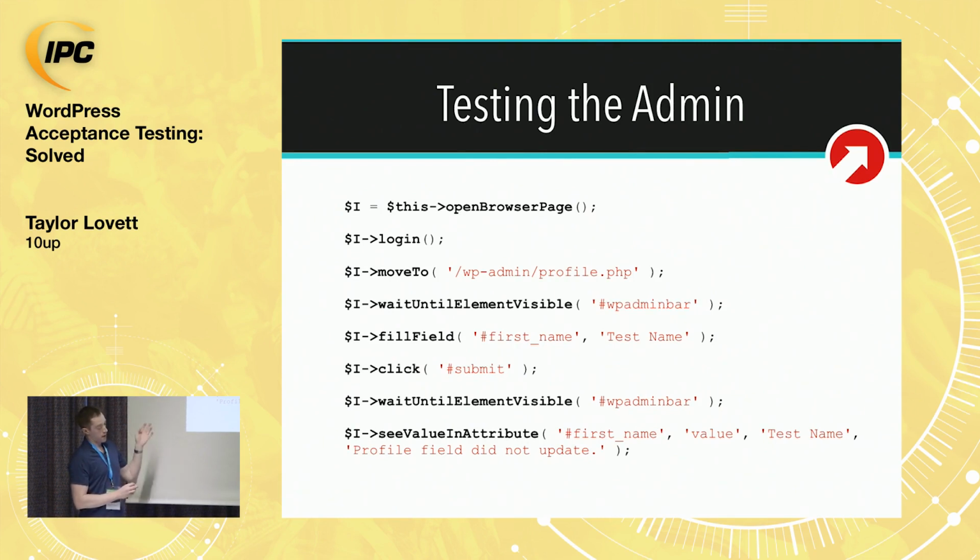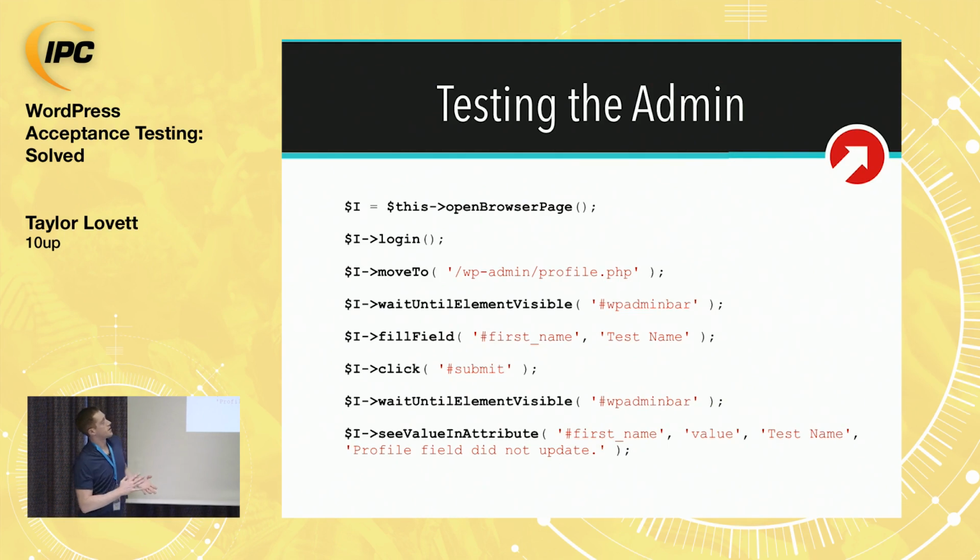Again, we're calling this wait function. We need to wait until the browser finishes loading. And then, once the browser finishes loading after we've clicked the save button, we're making an assertion, PHPUnit style, that we see a value in the attribute of that first name field.